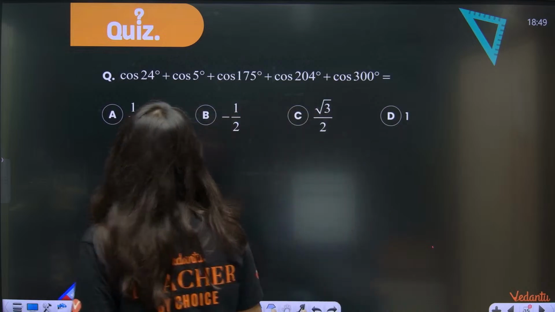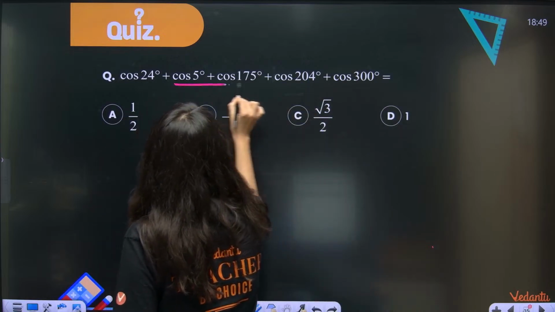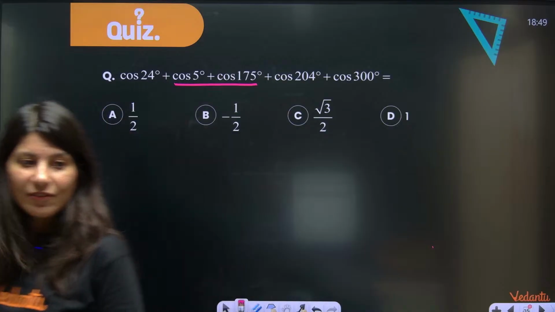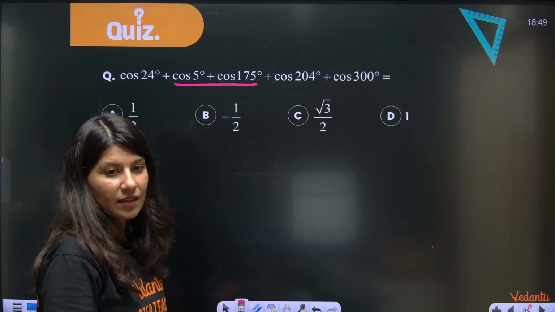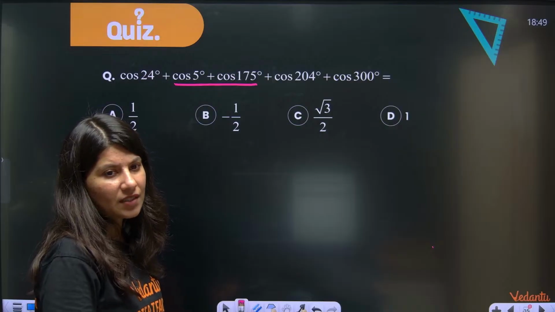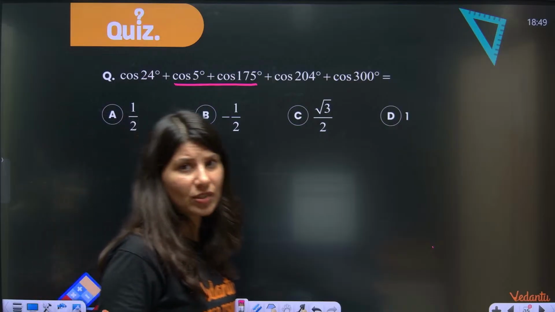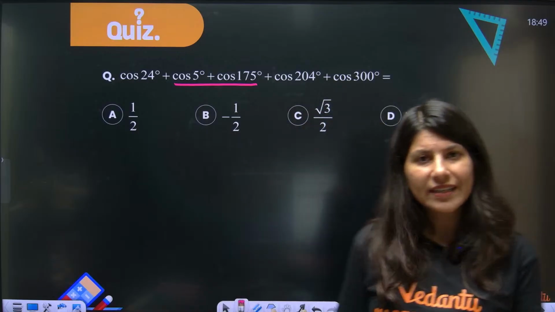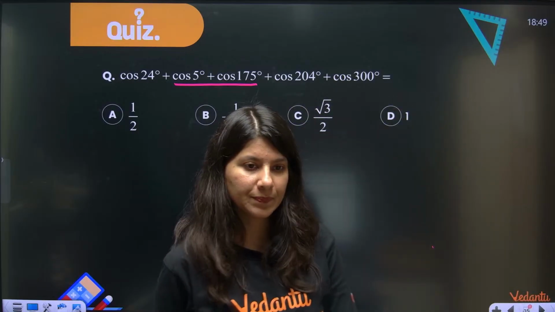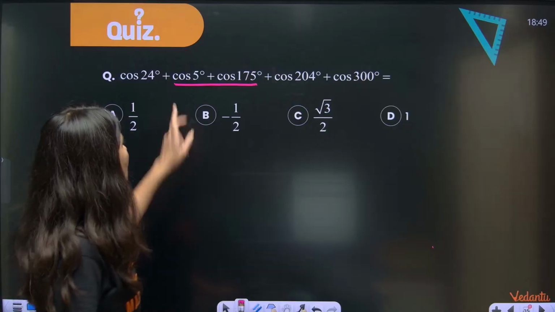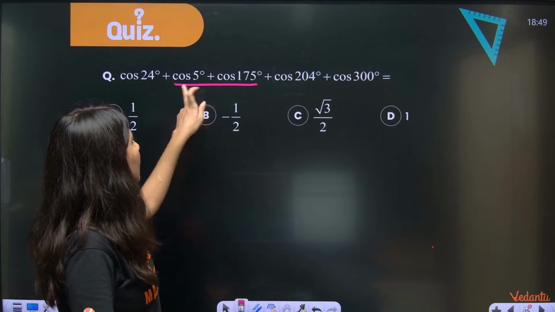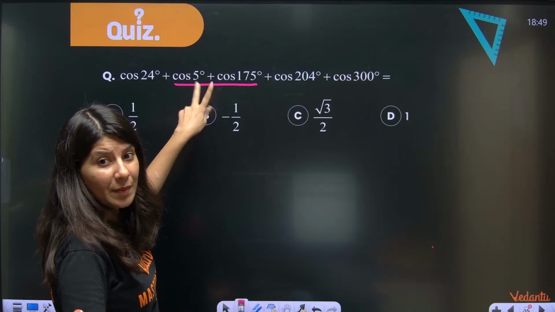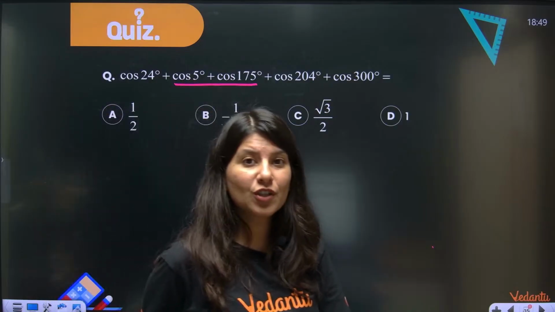So I think cos 5 degree and cos 175 degree. Yeah, they are closely related to each other. Do you remember the reduction formula session of trigonometry?